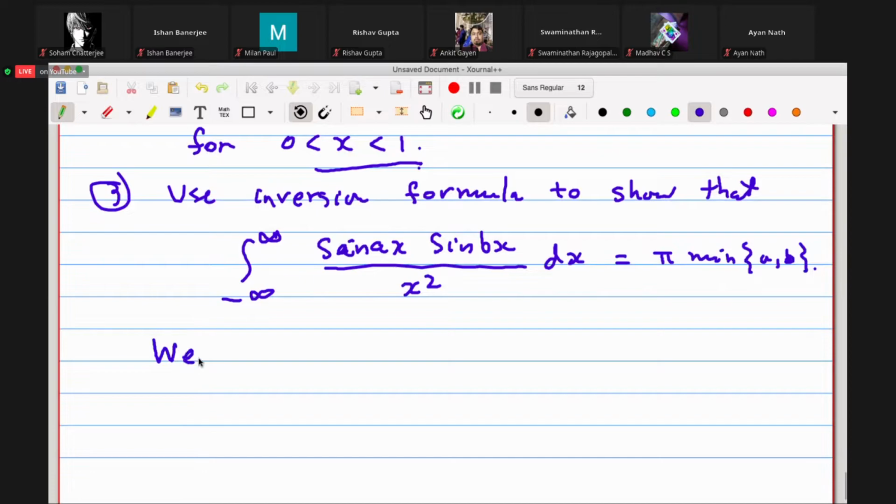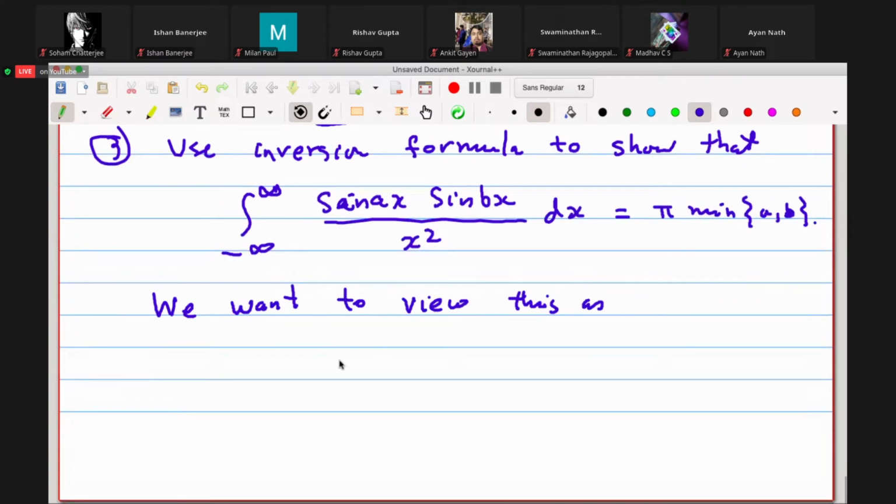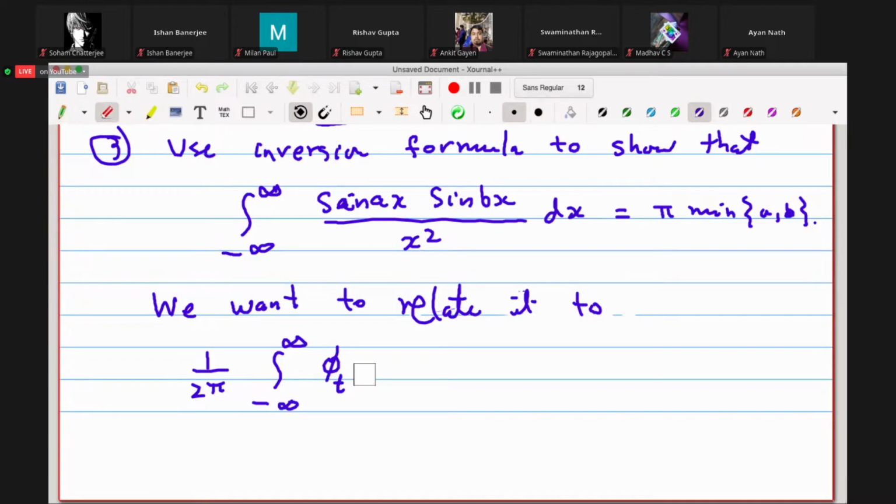We want to view this as, okay, some constant, related to this formula: the integral from minus infinity to infinity of 1 by 2 pi, this is for a density function, phi x of t dt.